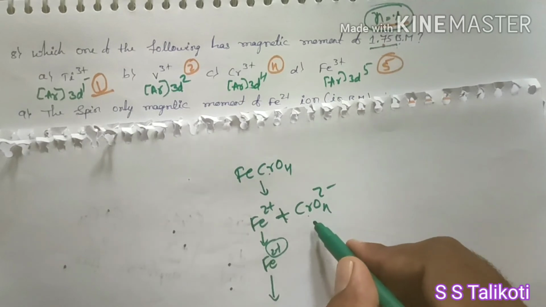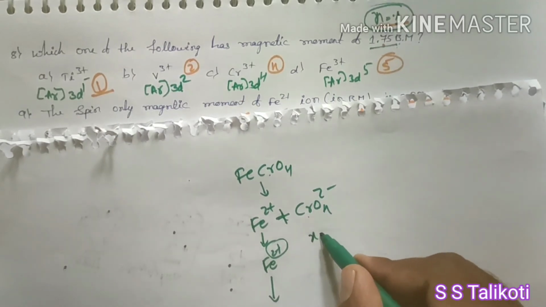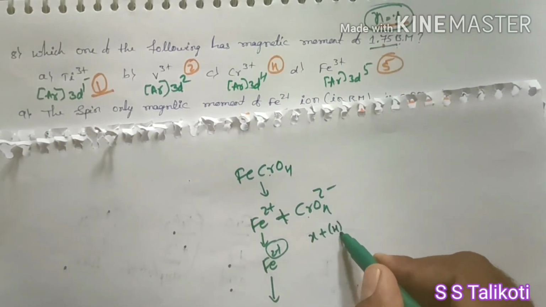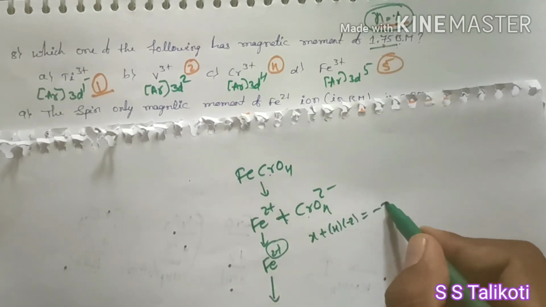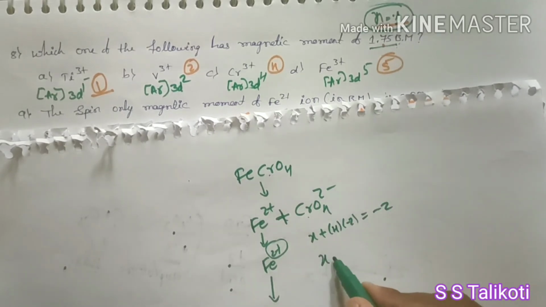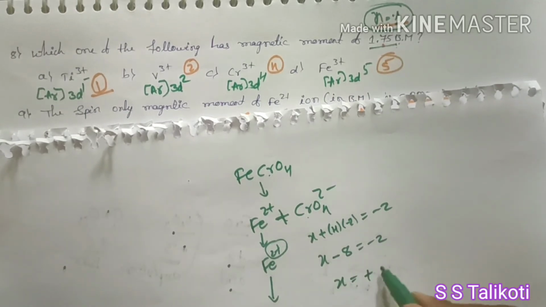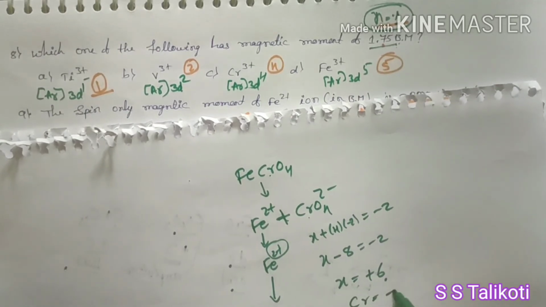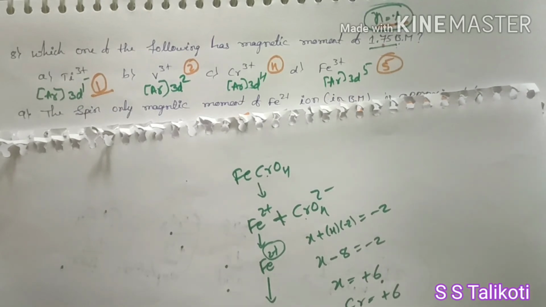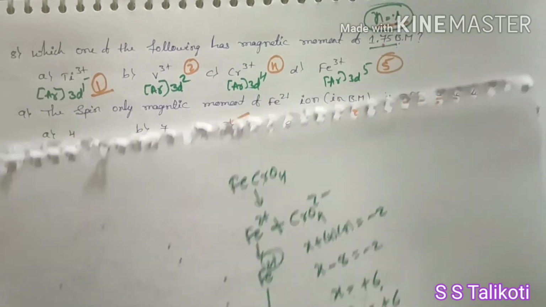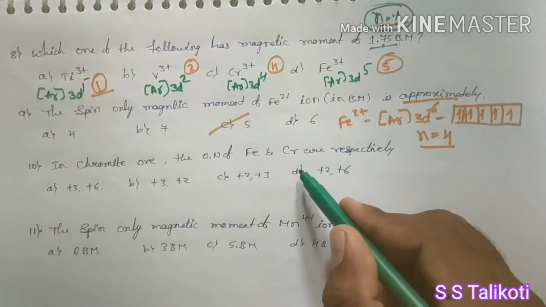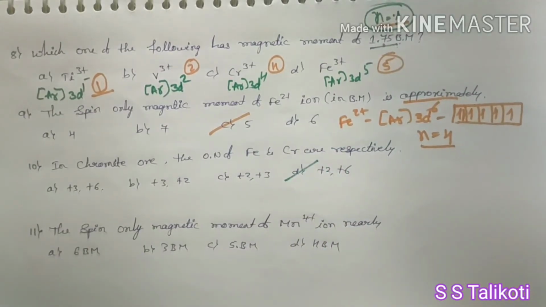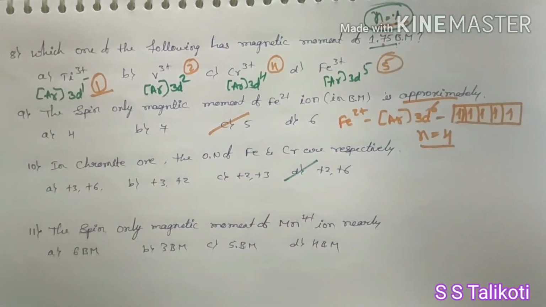For chromate, calculate right now: x plus 4 into -2 equal to -2. Therefore x minus 8 equal to minus 2, therefore x equal to plus 6. So chromium is plus 6 and Fe is plus 2. Very simple, but you see how tricky this is.